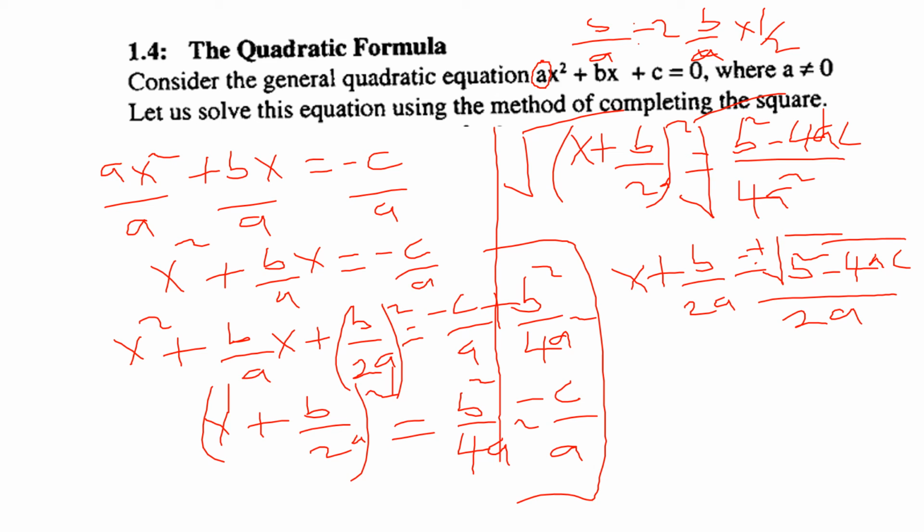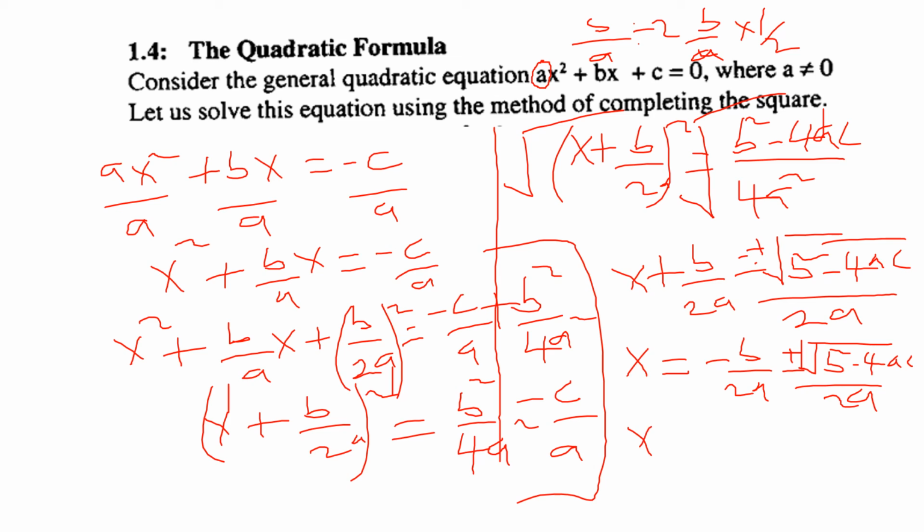So now I can have x equals, taking this to the other side, negative b divided by 2a, plus or minus the square root of b squared minus 4ac, divided by 2a. The LCM is 2a there.